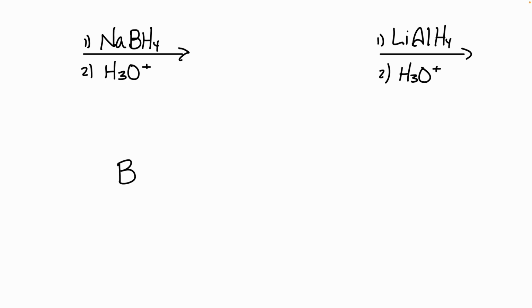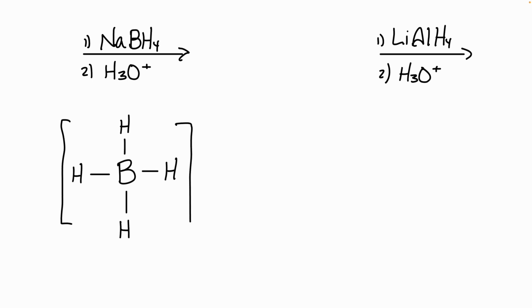So that borohydride, if we want to draw out its Lewis structure, or the aluminum hydride, same idea. 4 hydrogens. And that net negative charge.